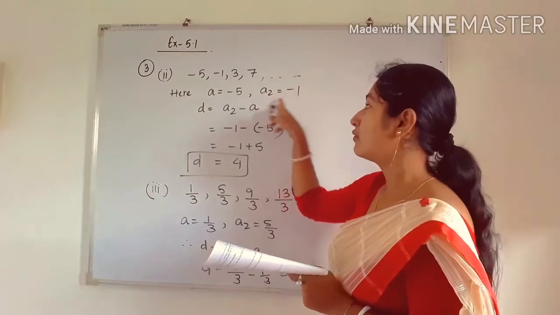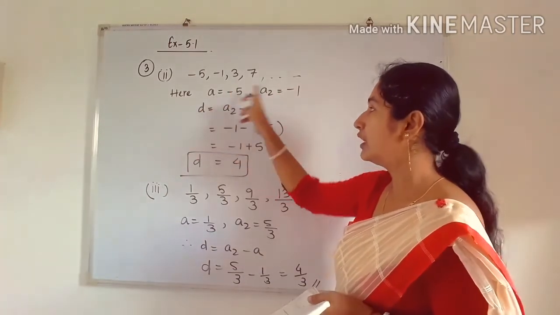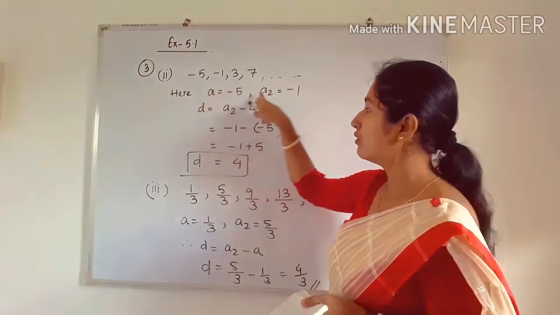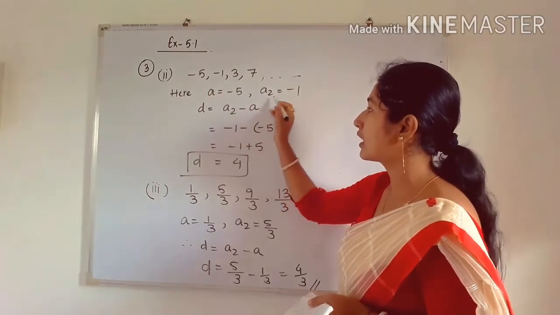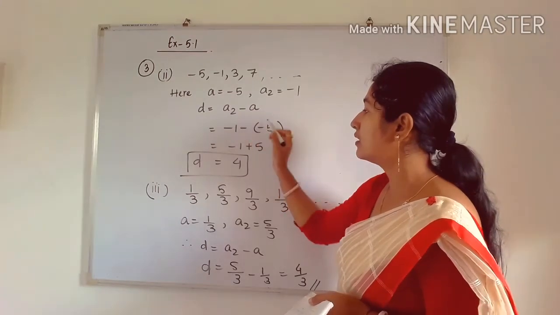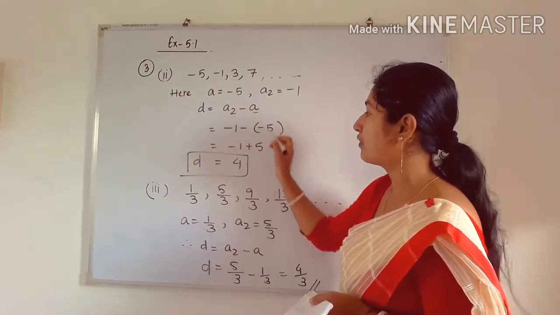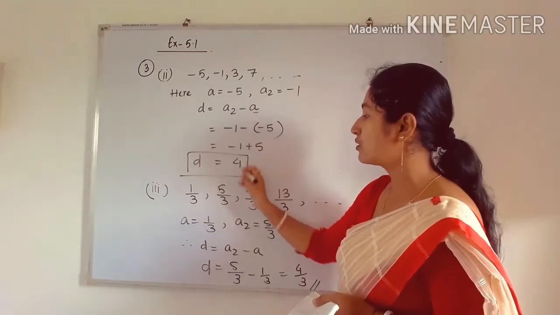See why I have written the second term? Because for finding the common difference we need second term minus what? First term. So that's why I have written the second term also. So second term minus first term. So the second term is -1 minus the first term A, which is what? -5. So in place of A put -5, so minus minus will be plus. So 5 minus 1 will be what?